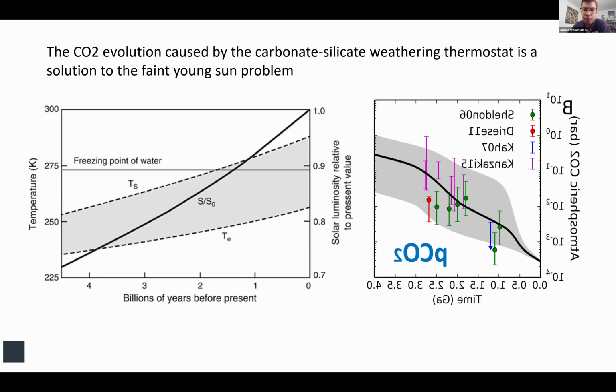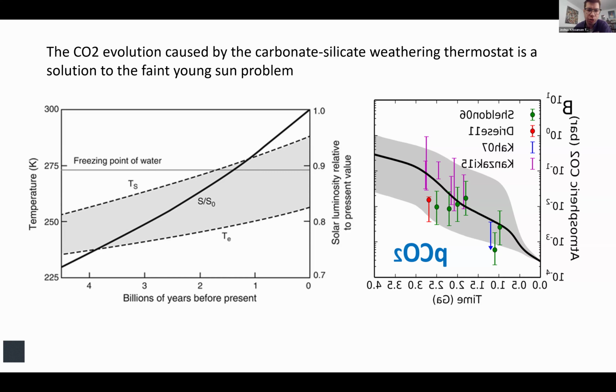So this CO2 evolution that I've been showing over and over again is, of course, a possible solution to the faint young sun problem, in that the silicate weathering feedback buffers surface temperatures, with higher levels of CO2 when insolation was low.